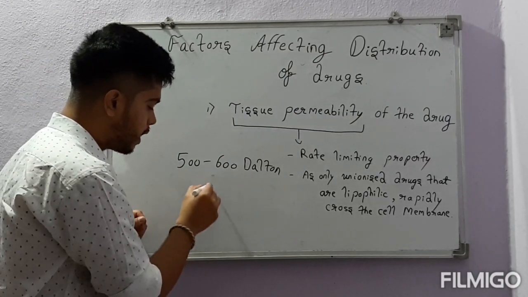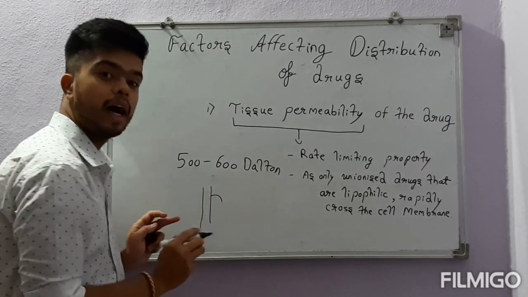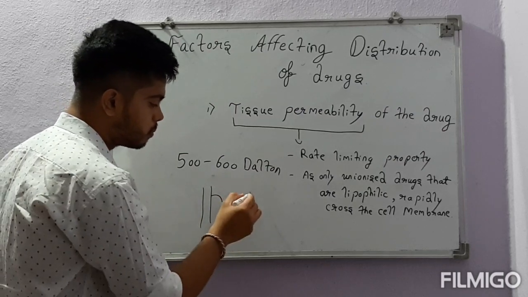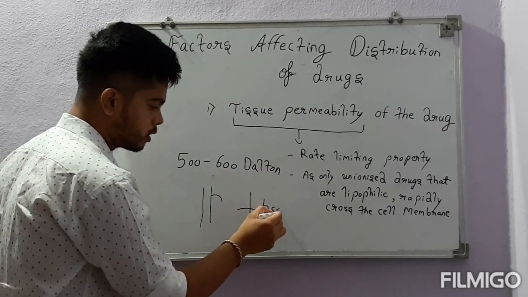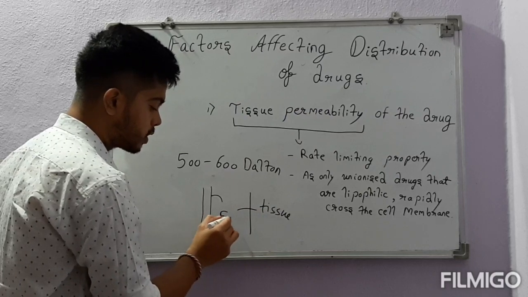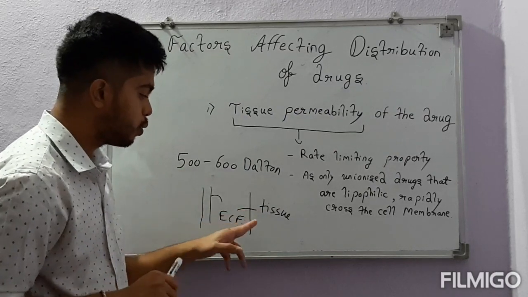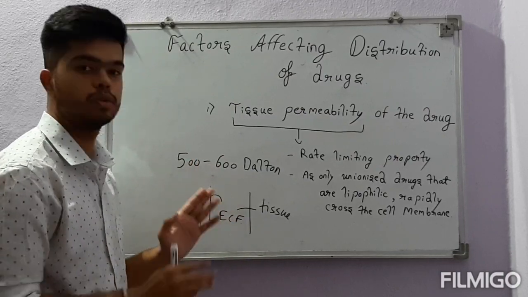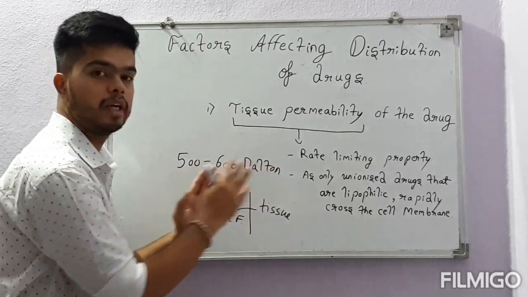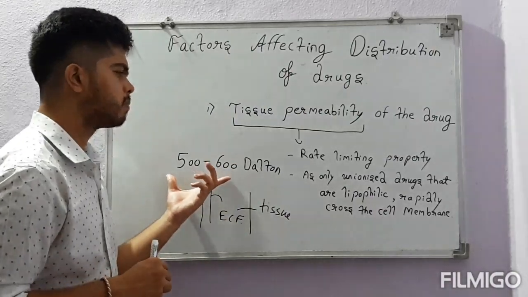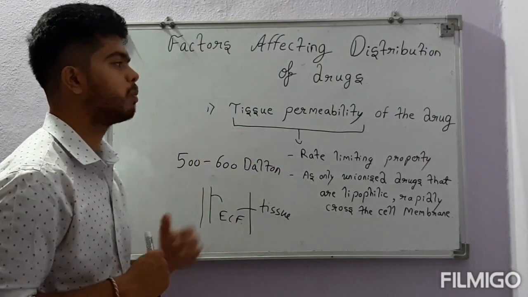They can easily get out of the capillaries, but it is harder for them to get into the tissue from the extracellular fluid, because the size of the molecule and the tissue mostly don't permit a bigger moiety to enter. So tissue permeability of the drug is a rate limiting step.